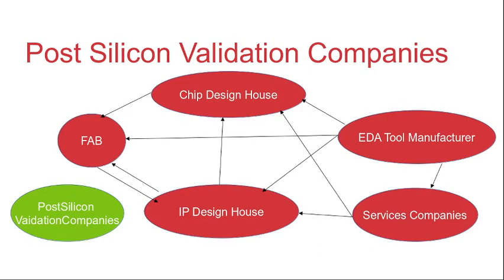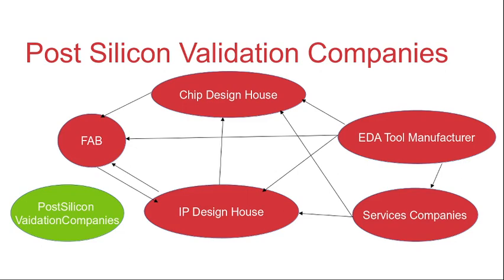Now the post silicon validation companies. Summing up all these things, the chip is designed and when it is done, it goes to the fab, and the fab manufactures it in silicon, and it comes back to the chip design house. The post silicon validation company could be inside the chip design company, or it could be a separate outside company.